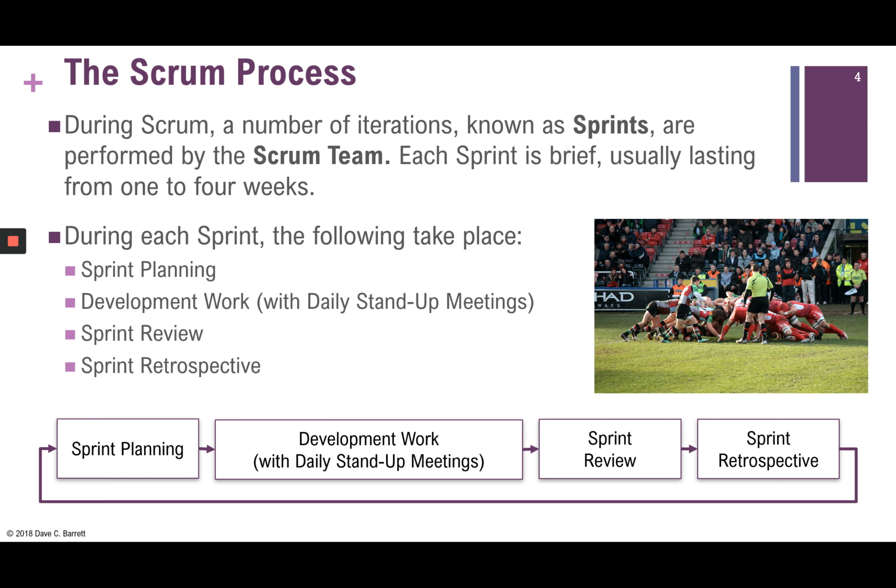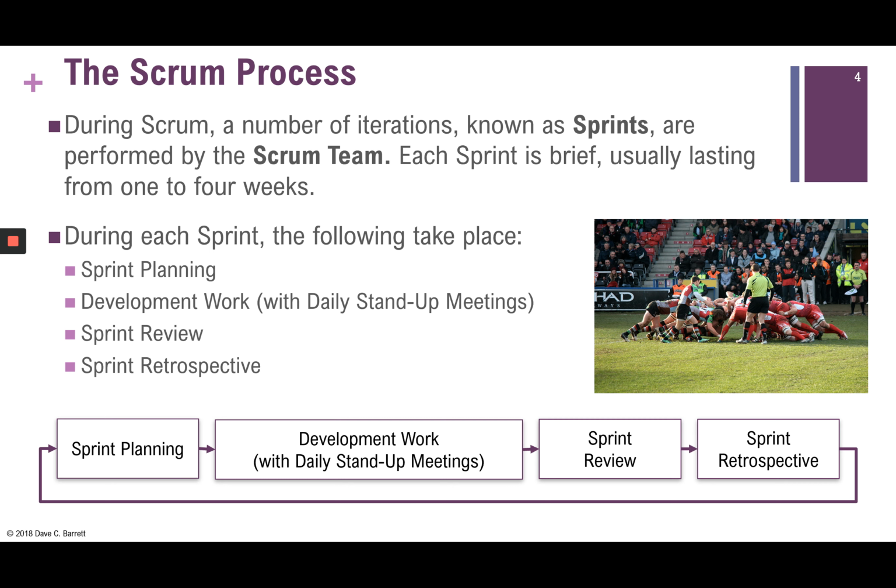The development work would be the majority of the week, that is the 5 days. So it would probably be a good 3.5 to 4 days. The sprint review would be an hour or two, and the sprint retrospective would likely be about an hour or so. And that gives you more or less the relative percentages. So you can see that development work is the majority. So let's run through each of those.